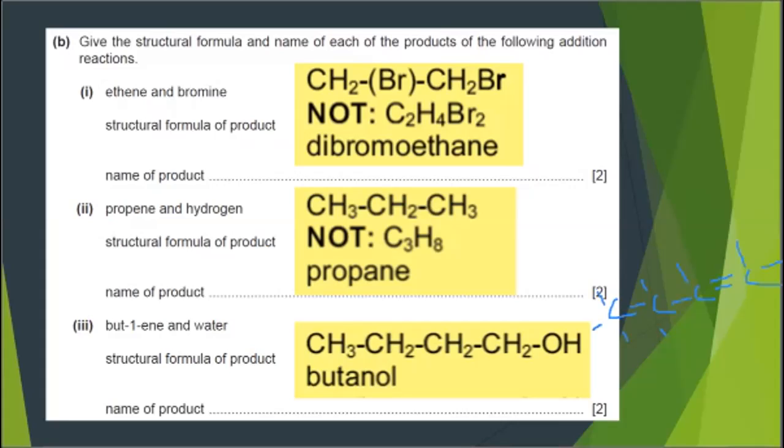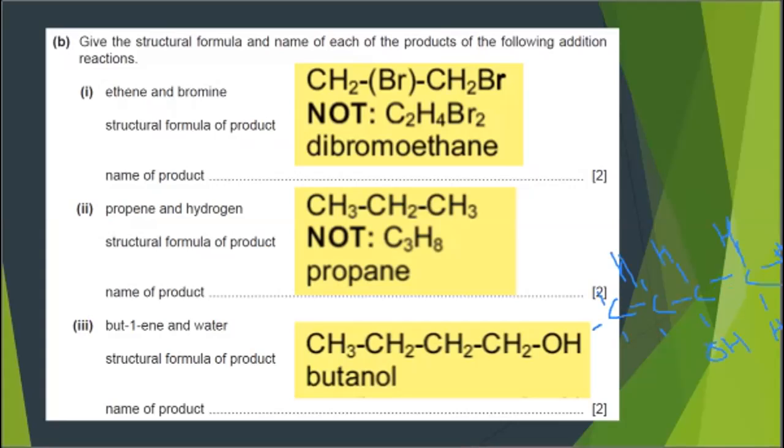So when the double bond is broken, water is going to be added across the double bond. So I'll have an OH group on one side, and I'll have an H on the next side. So that gives me H2O, and everything else will be hydrogen, hydrogen, hydrogen, hydrogen. So I'll have the formation of butanol.